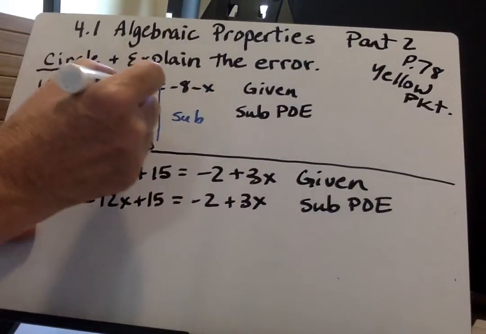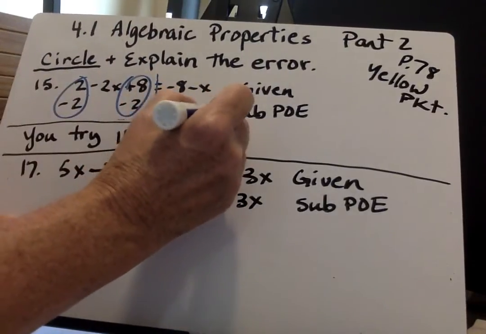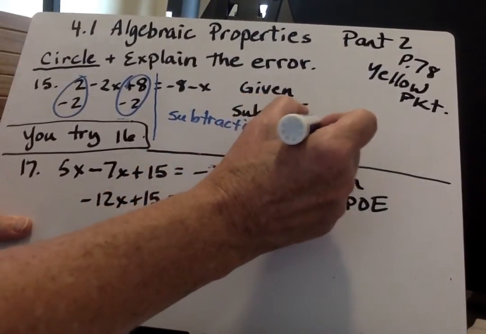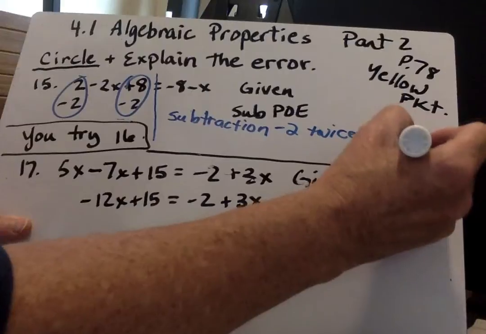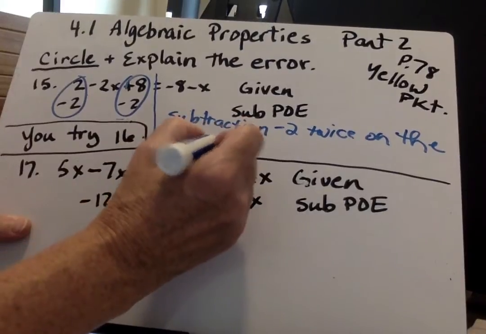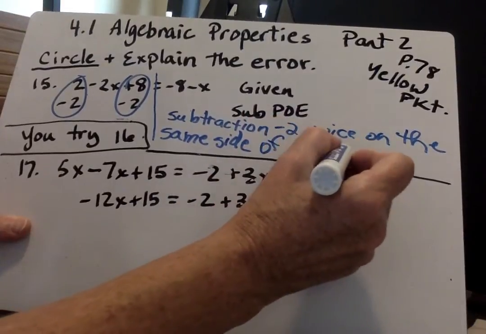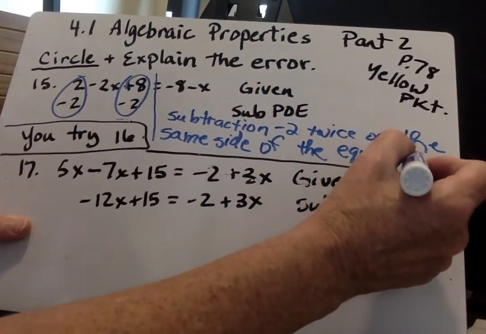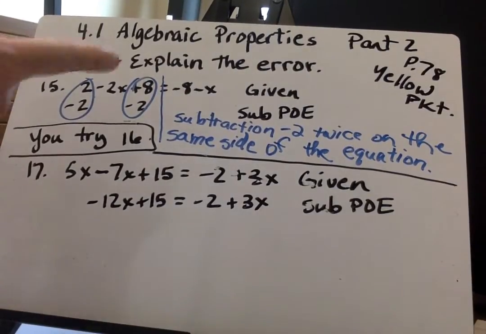This is explaining the error, so I would circle both here and here and write subtraction -2 twice on the same side, and you go ahead and write this out as well, the same side of the equation. And that's all you have to do. Explaining the error. That was the error.